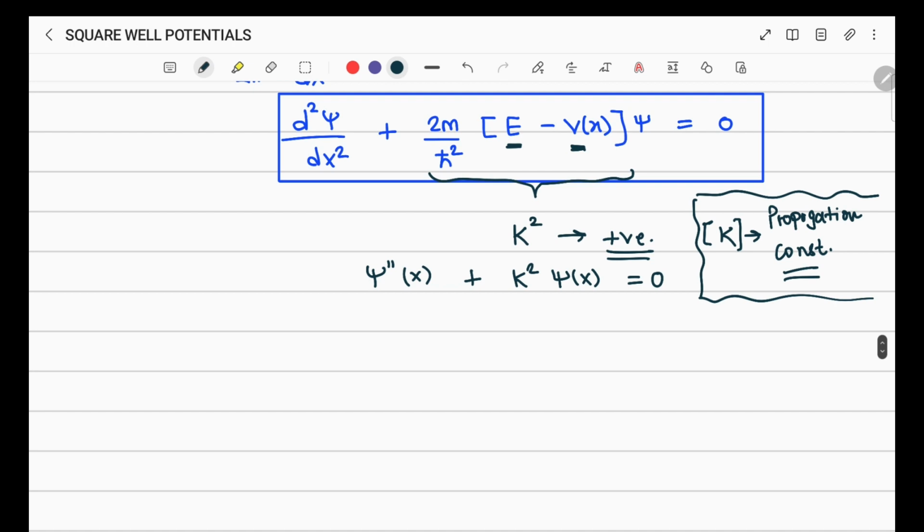Because there is an energy, and then you take the square root, and there is the h cut, and there is a mass. So you will do that, and you will find that k has a dimension of propagation constant.